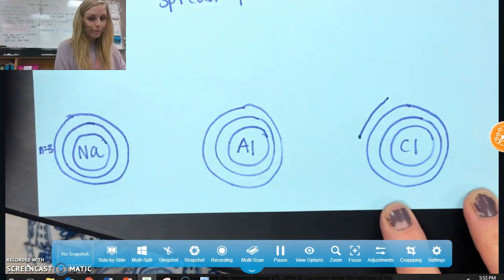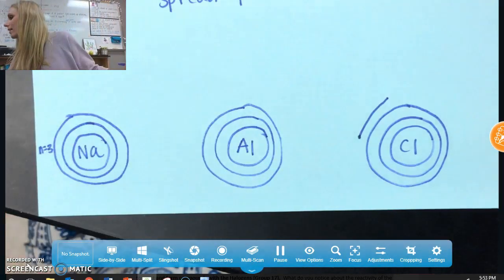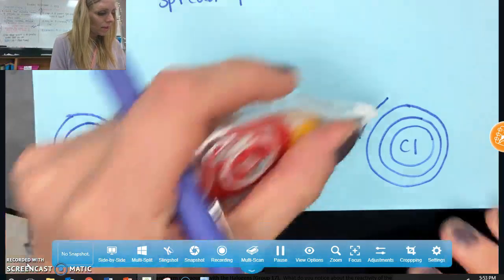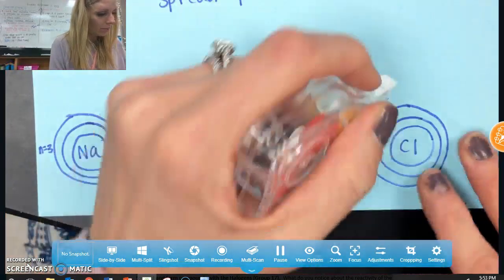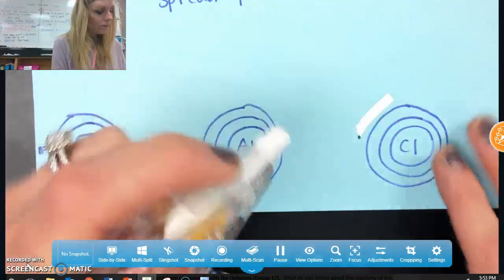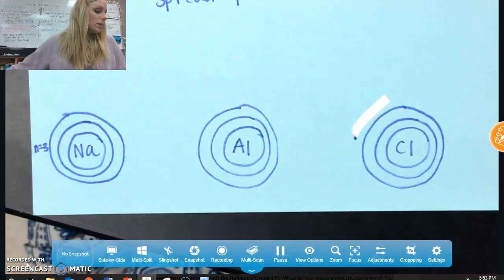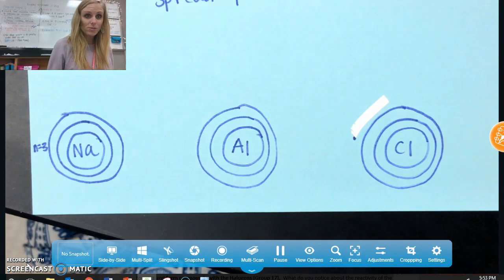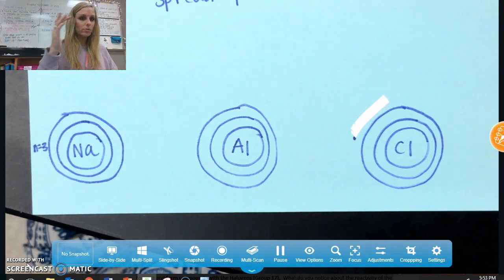I was about to draw 4. That's going to get on my nerves. I'm going to wipe that out. Maybe that's just the edge of another atom, like butting up against him. Okay, so these should be all about the same size, right? Because they all have 3 energy levels.